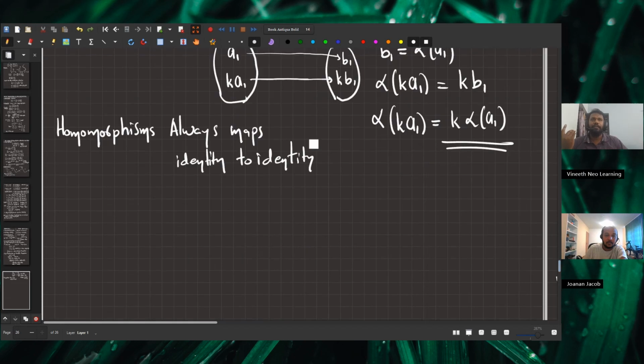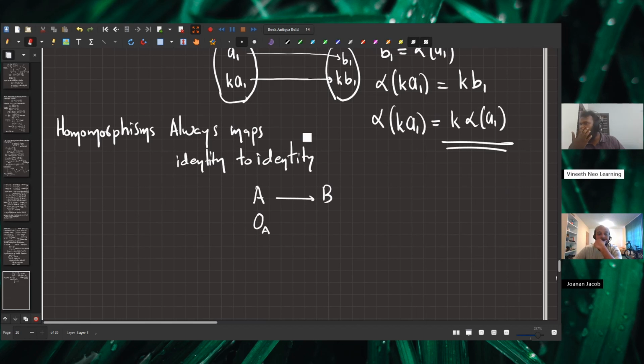Let's say we have vector spaces or groups. Vector spaces are also groups. Here the identity is E of A, or we can also write 0 of A. What is your preference, E or 0?